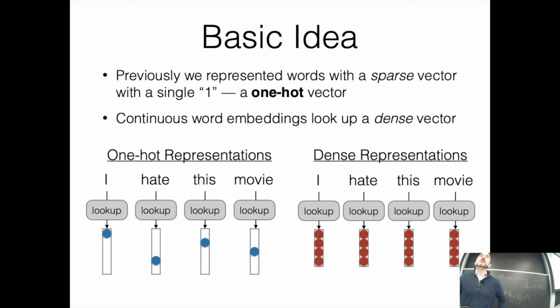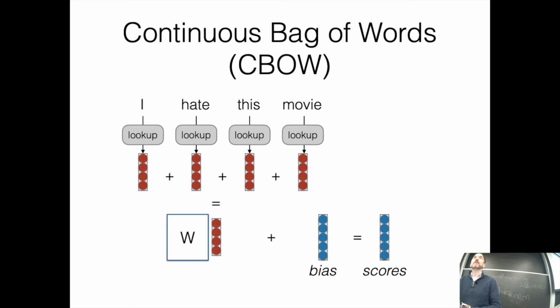Cool. Next, I'd like to move on to continuous word embeddings. The basic idea is that previously we represented words with a sparse vector with a single one, also known as a one-hot vector. Instead, continuous word embeddings look up a dense vector, where the entire vector has continuous values. I talked about a bag of words model, but we could also create a continuous bag of words model.